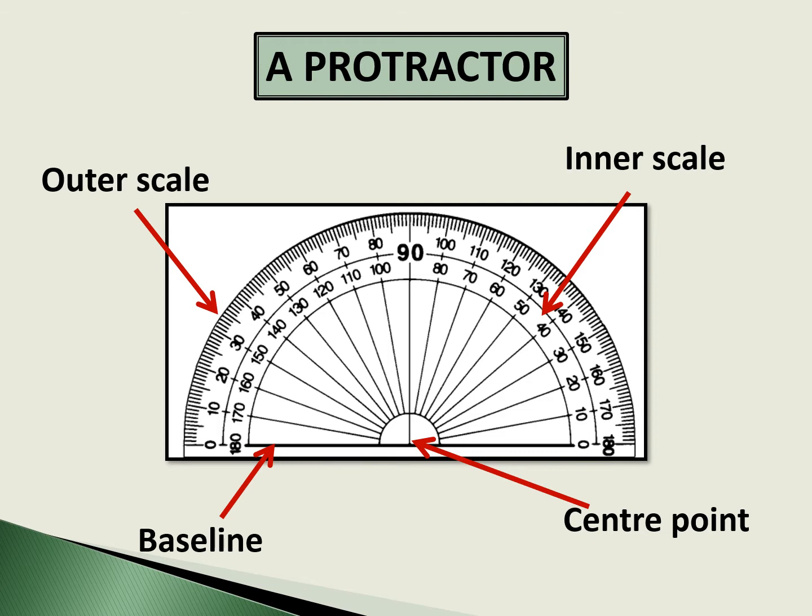There is an inner scale and an outer scale, both having 0 degrees to 180 degrees in different directions. The protractor also has a center point and a baseline as shown in the figure over here.